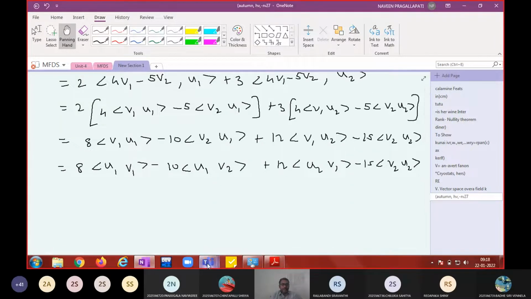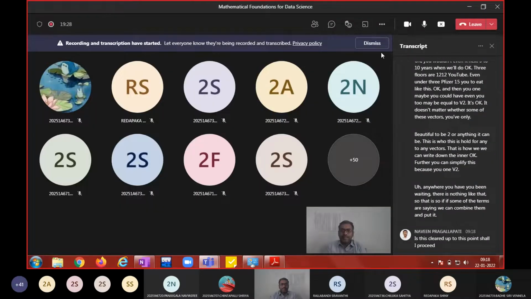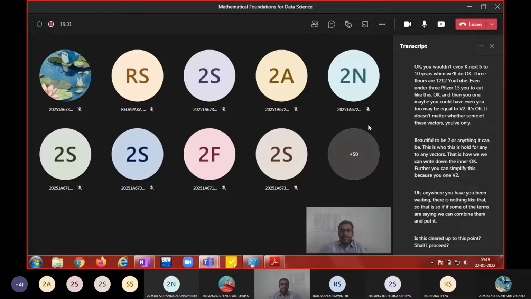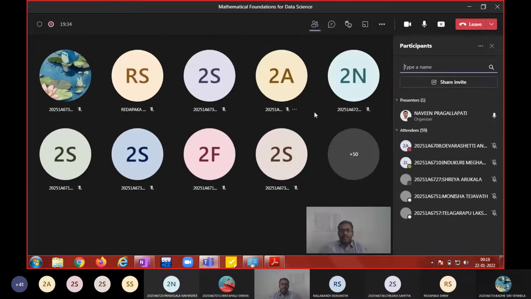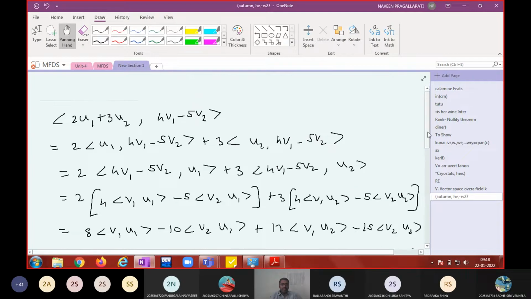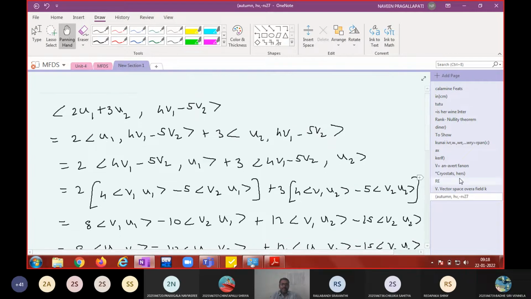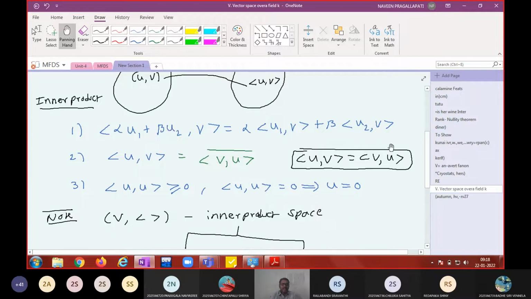Is this clear up to this point? Shall I proceed? Do you understand what an inner product is and how we can write the inner product of two vectors? Inner product has to satisfy these three conditions.